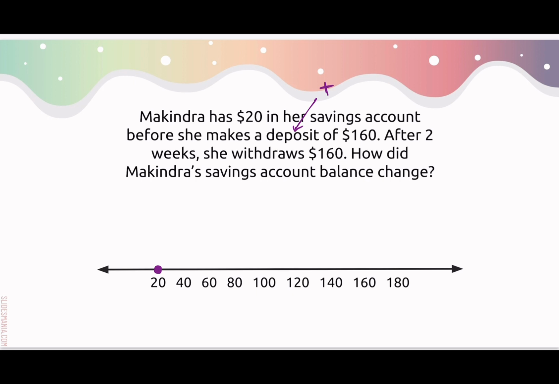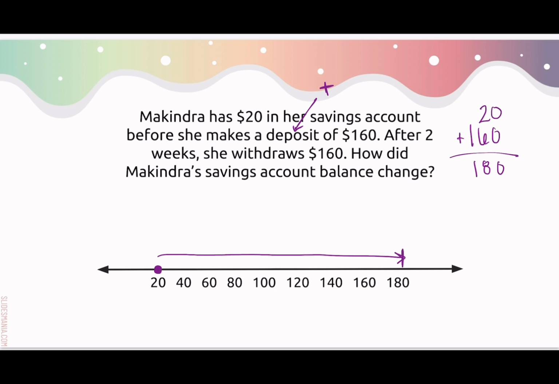So great job, McKendra. If we have $20 and we are adding $160, this leads us to having $180. So now we are all the way over here. So now McKendra has $180 in her savings account.